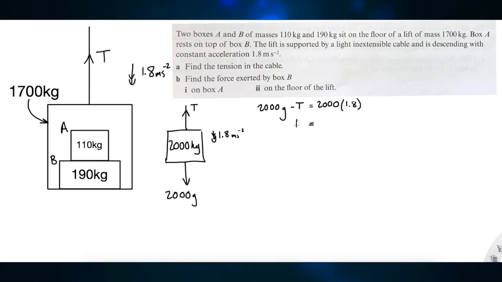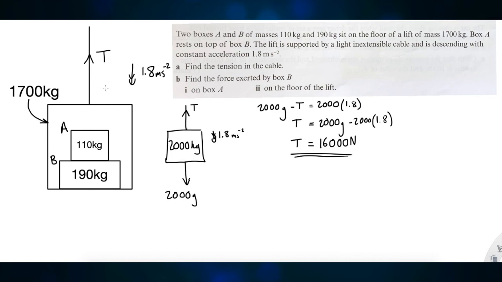So therefore T is going to equal 2,000 G subtract 2,000 multiplied by 1.8. And that gives me a value of 16,000 newtons.